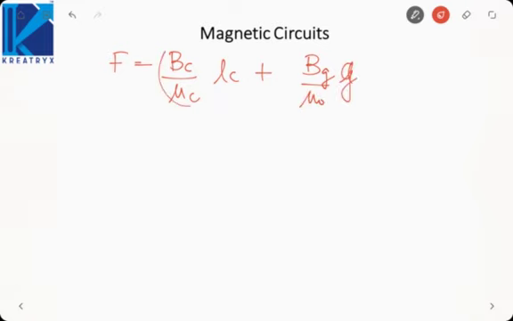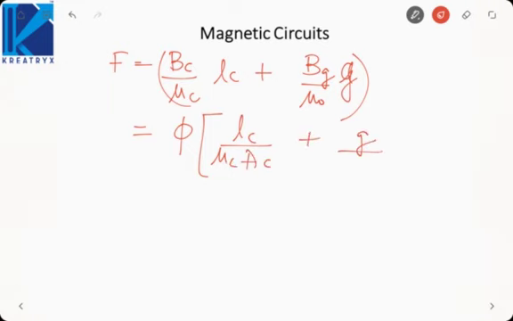Okay, we have replaced the magnetic field intensity by the magnetic flux density. Now we know B is phi by area. So it is phi into Lc by mu c into Ac plus G by mu naught into Ag.